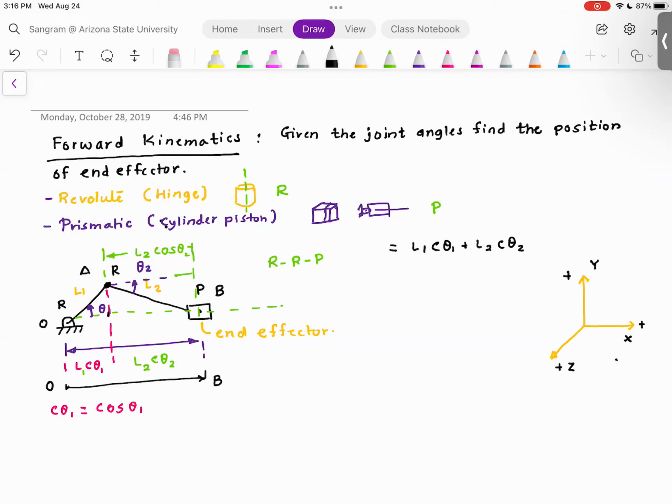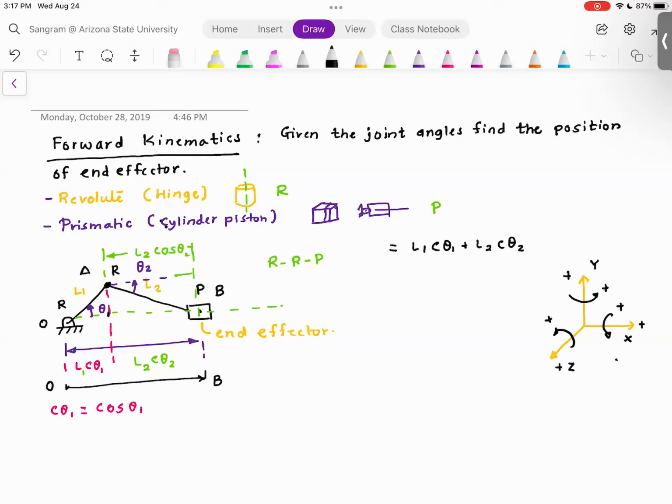If the thumb is pointing toward positive x, positive y, or positive z, then that rotation is positive. What that means is curl your fingers in the direction of x. This is positive rotation. Curl your rotation about y. This is positive rotation. Curl your fingers about z, and this is positive rotation. Everyone understood this? Remember, this will save you a lot of headaches in robot kinematics because you will have to assign the coordinate systems. You will have to assign the rotation directions.